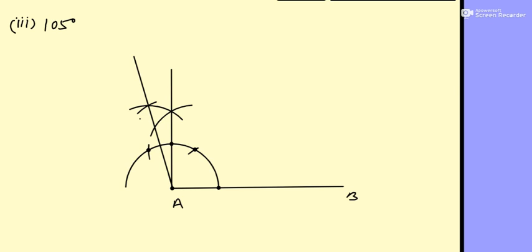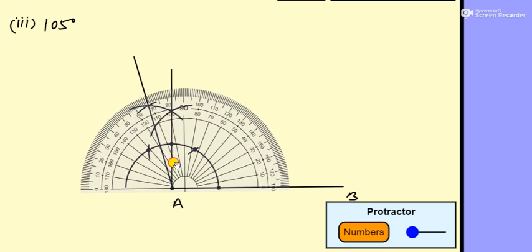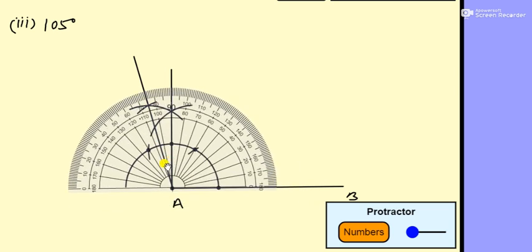Remove the scale and measure the angle. So how much angle? So you can see here with the help of the protractor, this one, it is 105 degree. It is 105 degree. You can see here. It is very easy to do this.